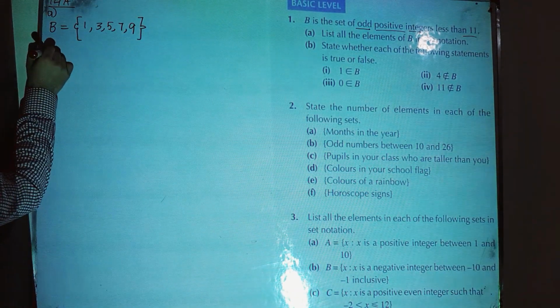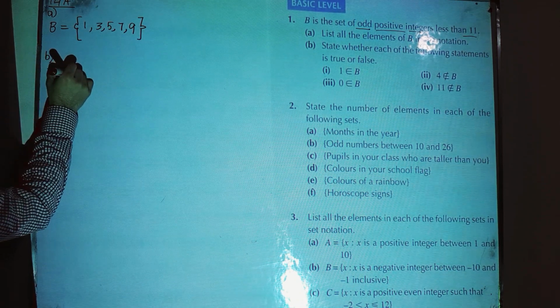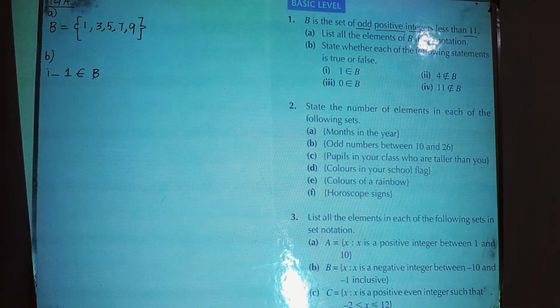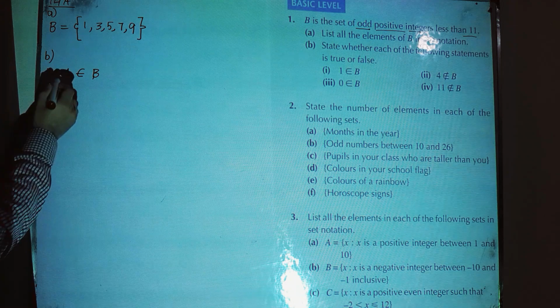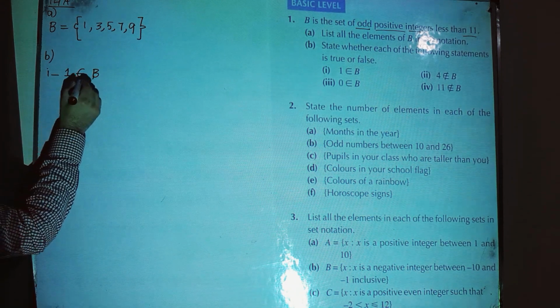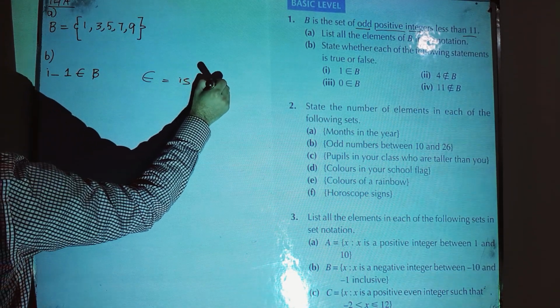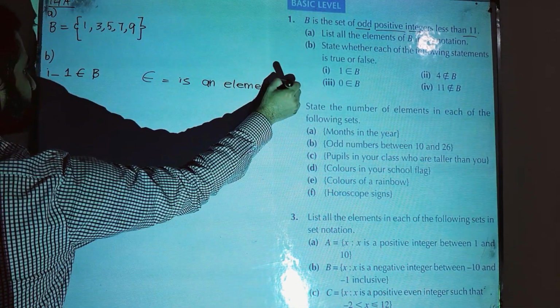Now for part number B and for B part number 1. 1 is an element of B. Now this symbol that is written over here, now this symbol represents that 1 is an element of B. Let me write over here, this represents is an element of.